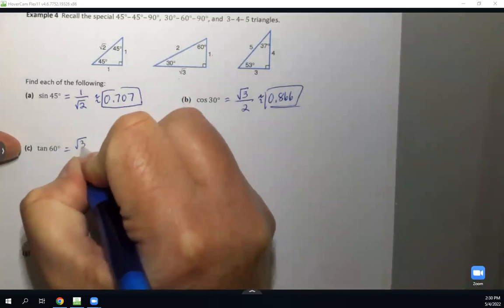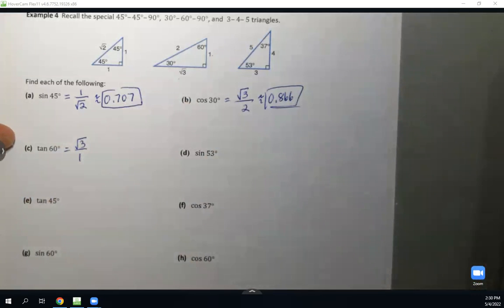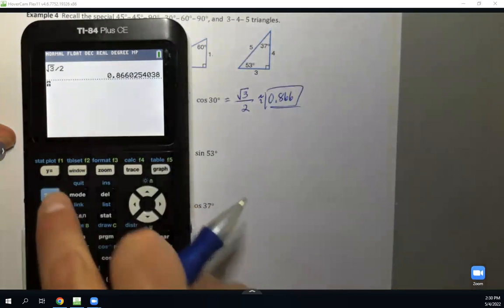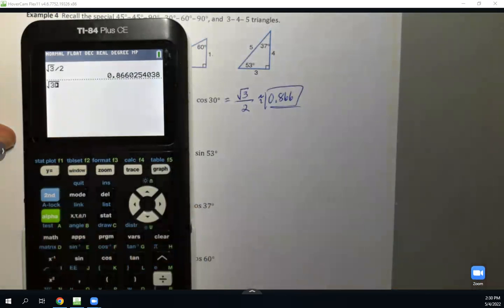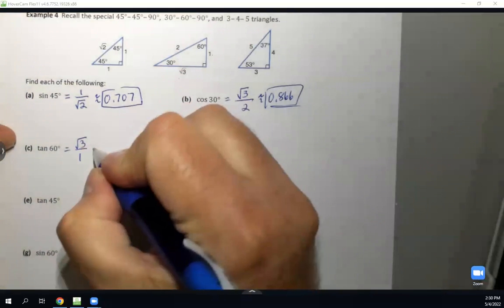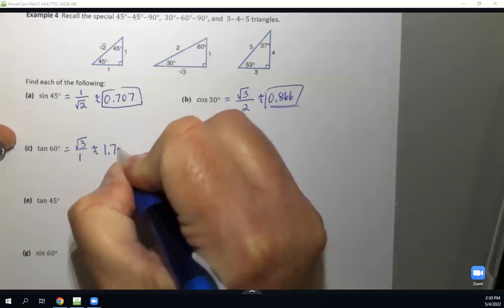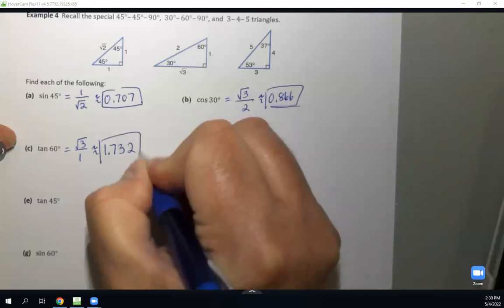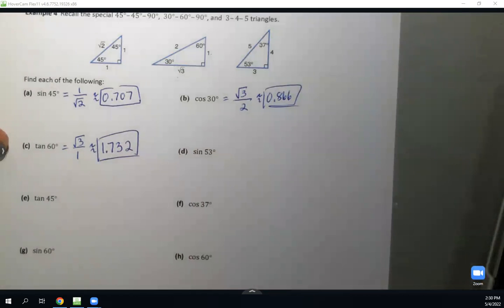That's going to be the square root of 3 over 1, which incidentally would just be the square root of 3. And the square root of 3 is 1.732. Piece of cake.